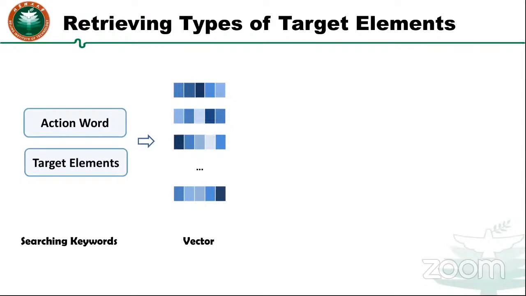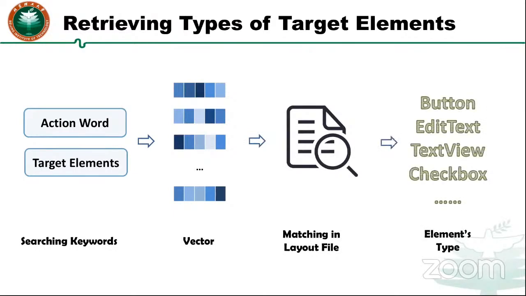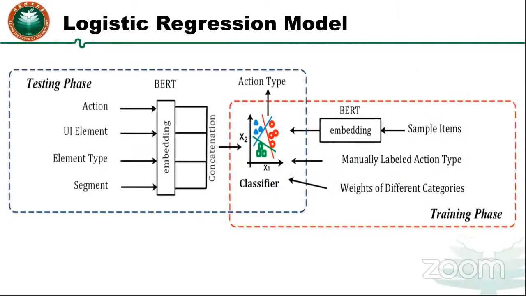Based on the vectors, we map the element descriptions in the bug report to elements in the app, and finally retrieve the element types.